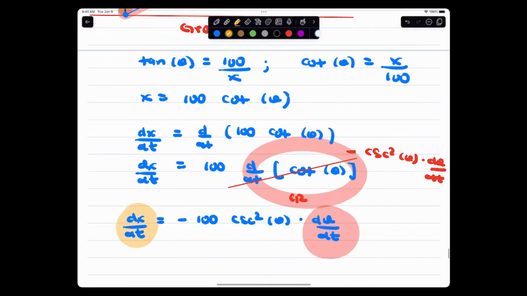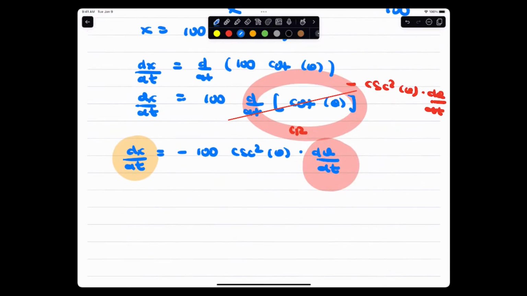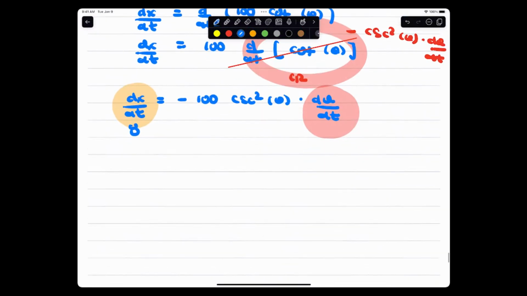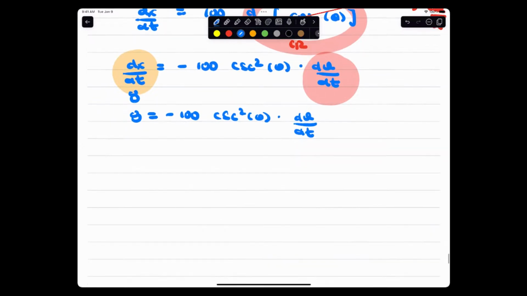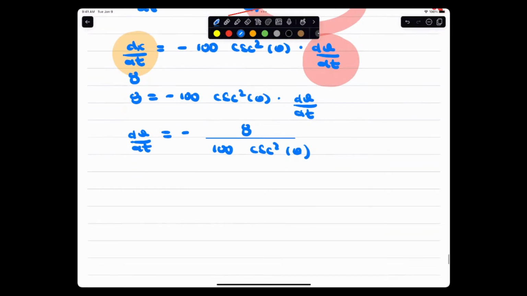This portion is 8. So now 8 will be negative 100 cosecant squared theta d theta/dt. So then d theta/dt will be negative 8 over 100 cosecant squared theta.